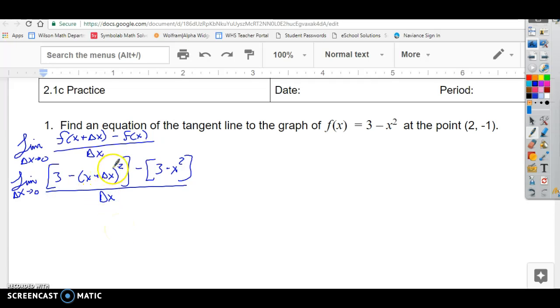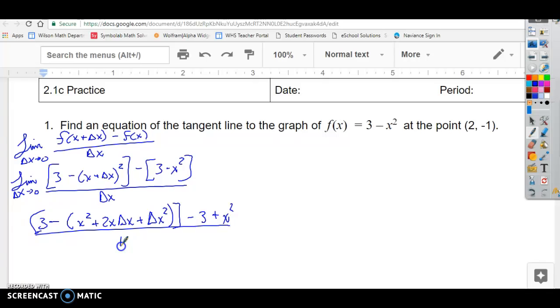What I'm going to do here is FOIL this. So this will be 3 minus x squared plus 2x dx's plus the change of x squared. Okay? And then I'm going to distribute this negative in, so it's minus 3 plus x squared all over change of x.